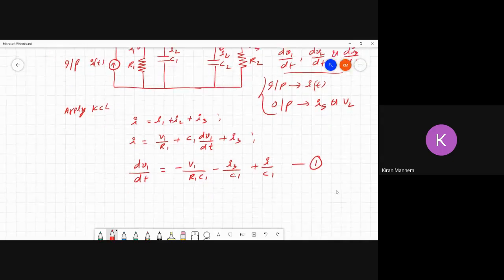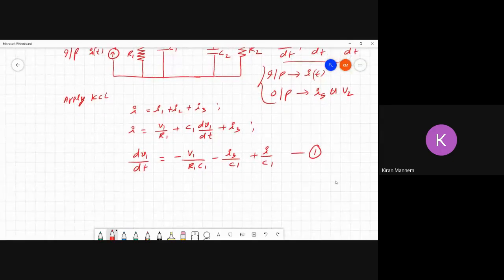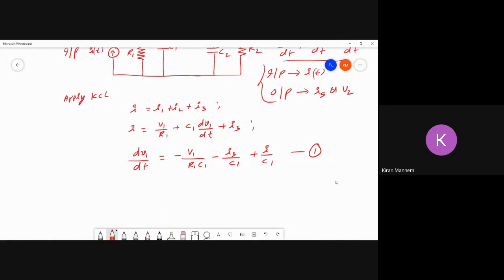Similarly, write the second equation: apply KCL at node 2. So what is the KCL here? I3 is equal to I4 plus I5, right?